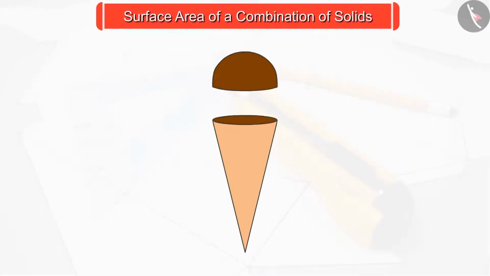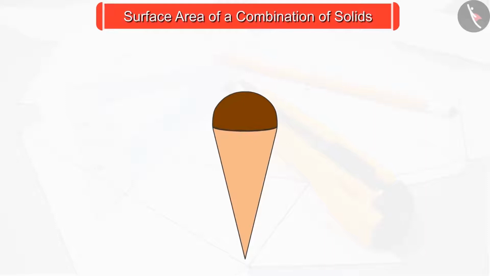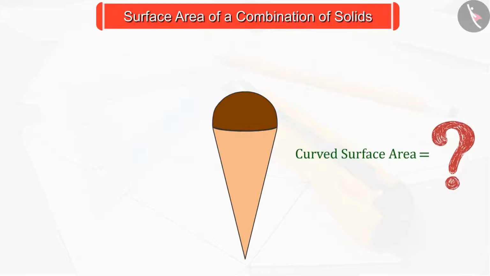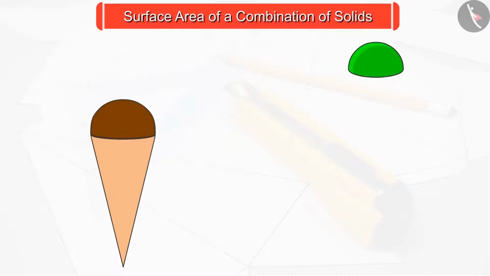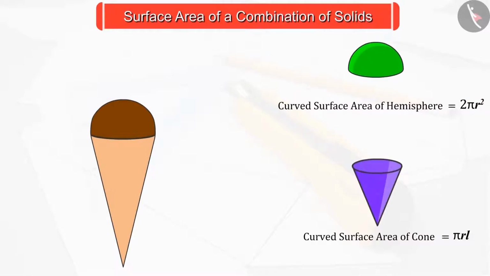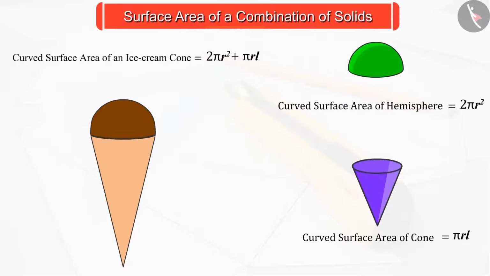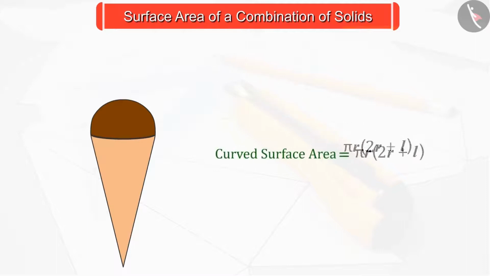Since we have to find the curved surface area of a figure that is formed by the combination of two or more figures, we will add the curved surface area of a hemisphere, 2 pi r square, and the curved surface area of a cone, pi rl. We obtain the curved surface area of an ice cream cone as pi r (2r + l).